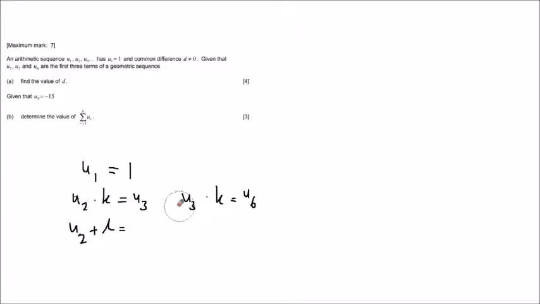Okay, so what I'm thinking is u1 is equal to 1, right? So u2, u3, and u6. So it's u2 times k equals u3, and then u3 times k is equal to u6. u2 plus, let's say L, is equal to u3.